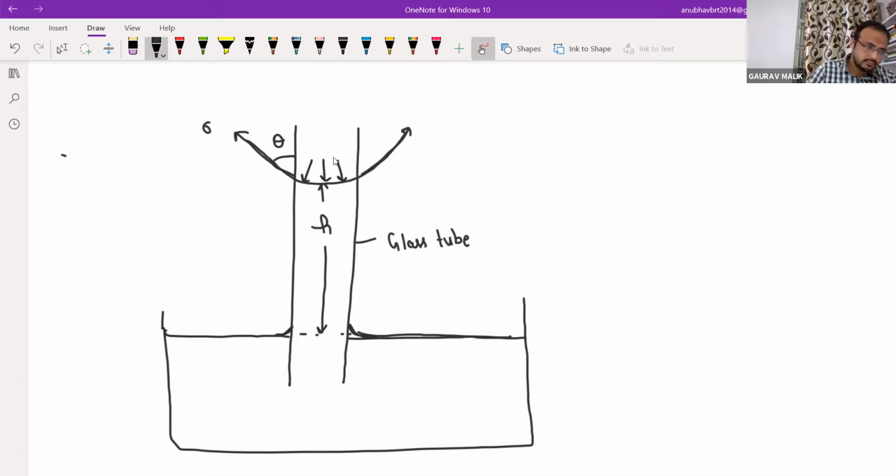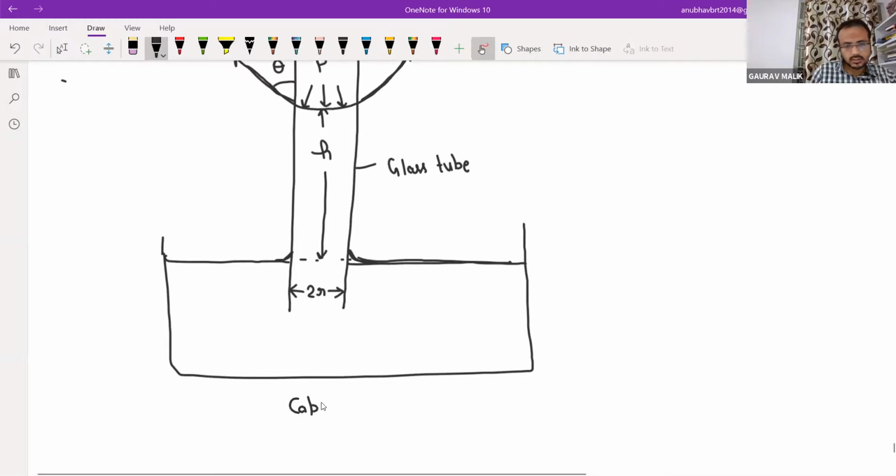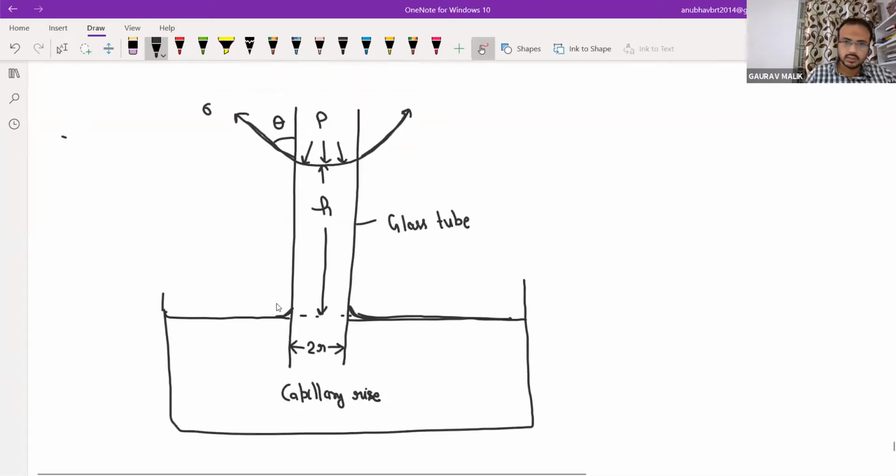Pressure acting, two times r. Capillary rise. Draw this diagram.